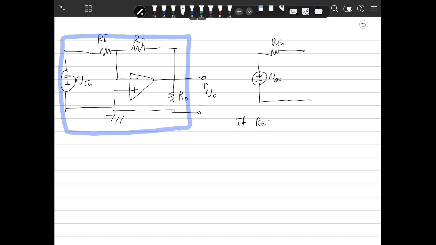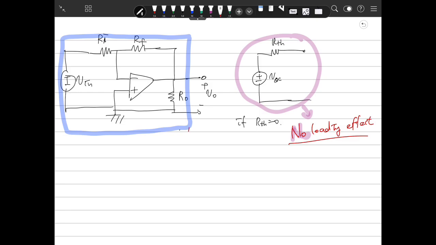Then if RTH is 0, that means this circuit has no loading effect. Then you can connect this circuit with any other circuits.